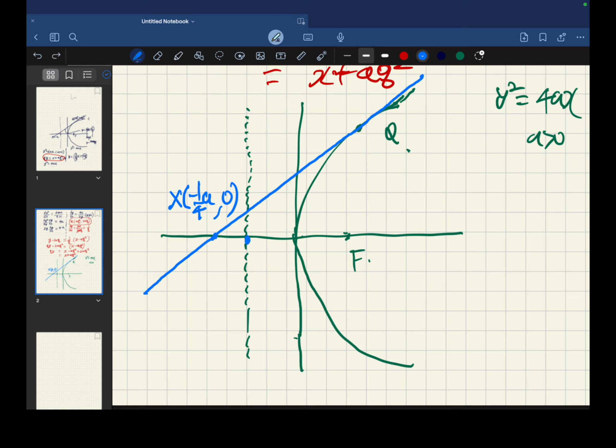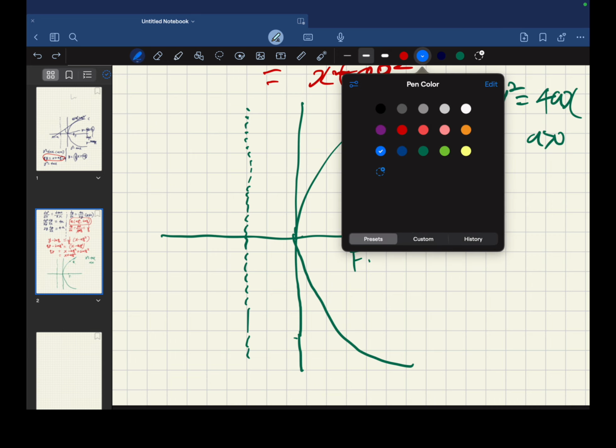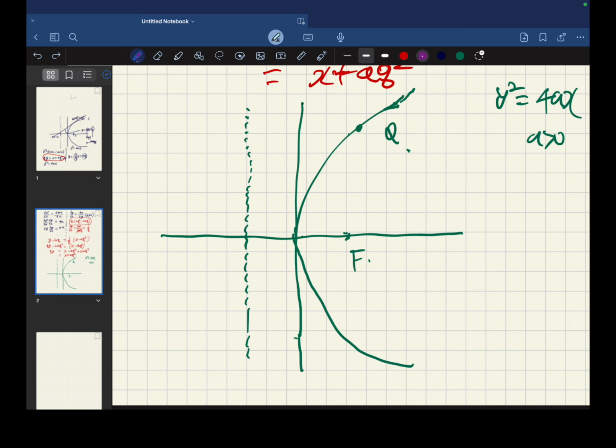If we draw the tangent line this way, now it meets the condition that X is here, minus 1a over 4 comma 0, and the directrix.